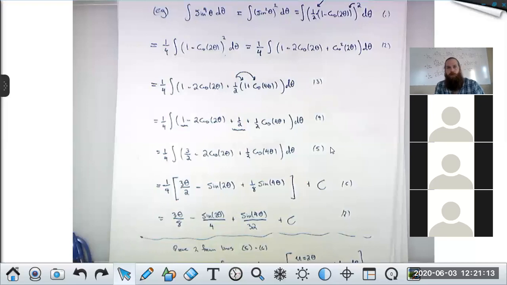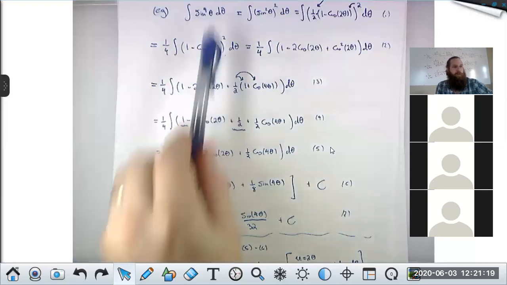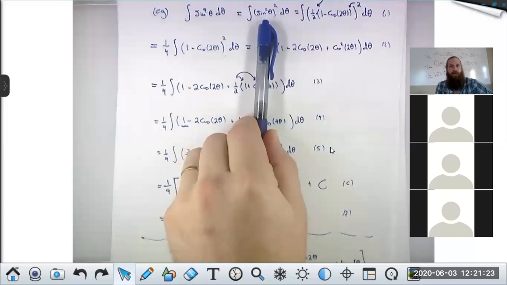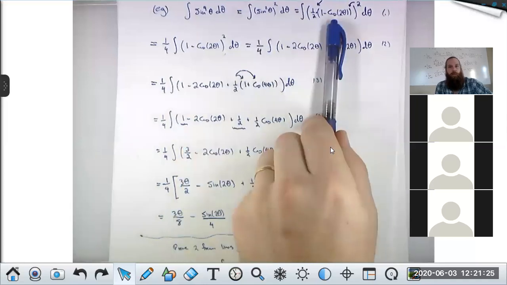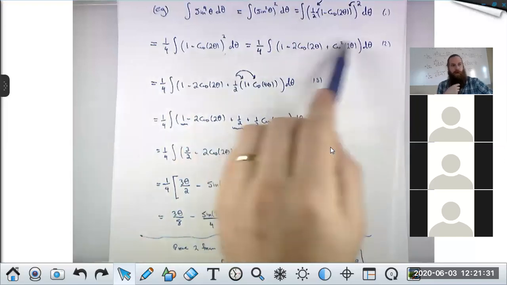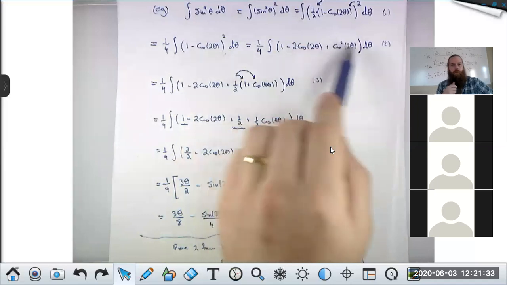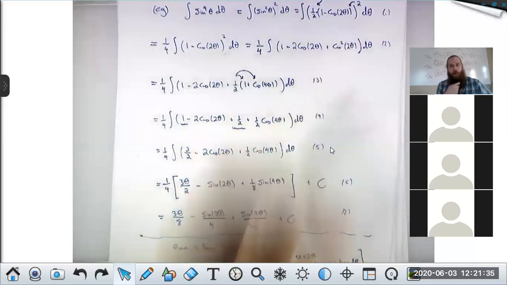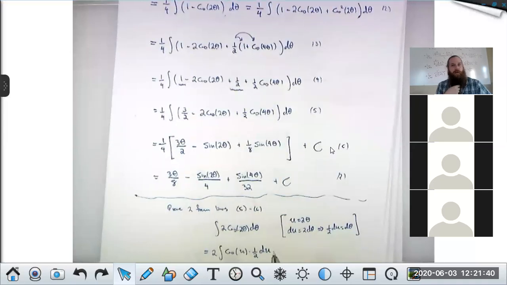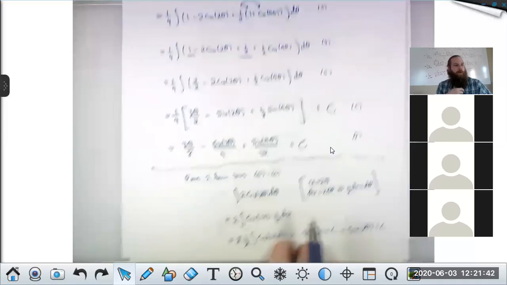So if you've got only even powers, do whatever is necessary, like this step to this step, to apply the half angle identity. Then multiply everything out, simplify, combine any like terms, and look out for other even powers of your trig functions. That will be more half angle identity stuff. Multiply out, simplify, and keep going until all the powers are gone.